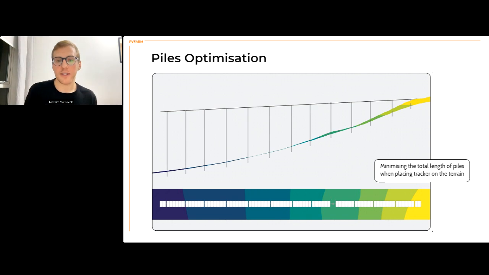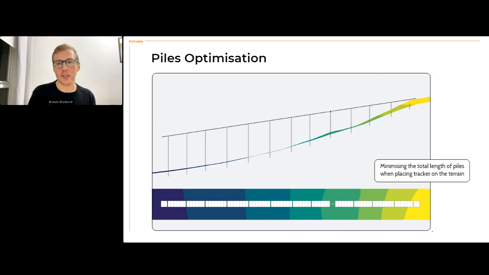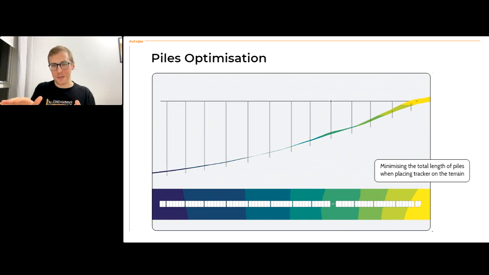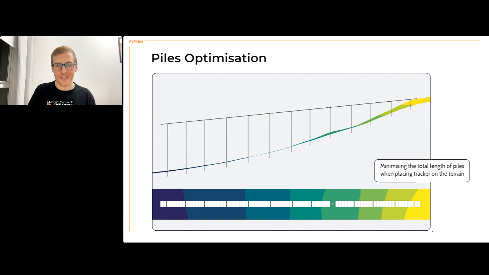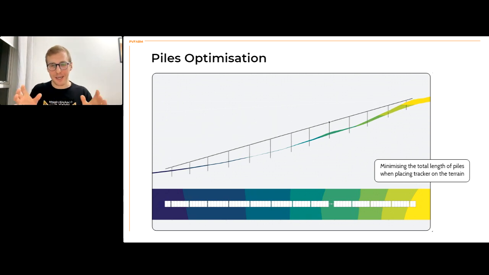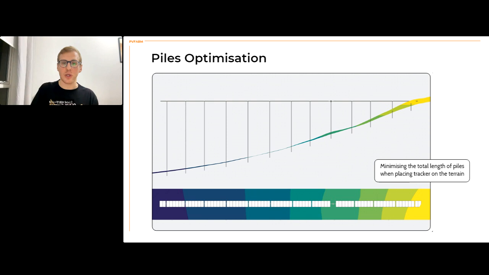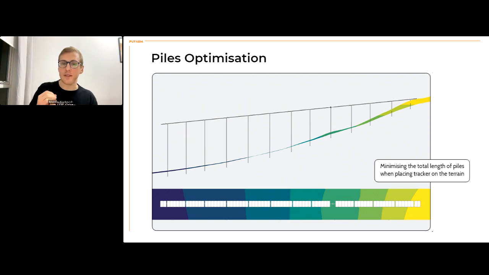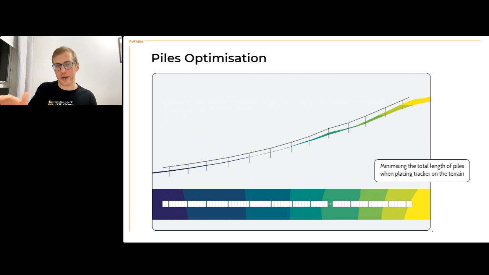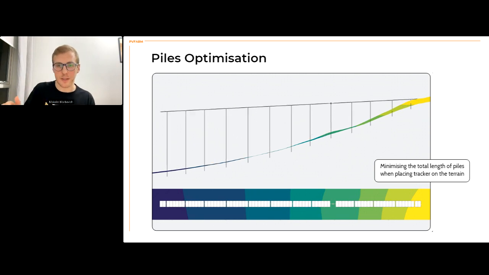So in terms of piles optimization, imagine you have a tracker and, let's say, terrain, and this is a bit of an extreme case. I just wanted to show it on an extreme case, so it's clear how it's going to work on any other case. So usually you have terrain, and you're not allowed to do any grading there, right?